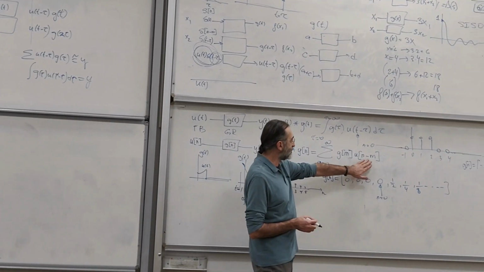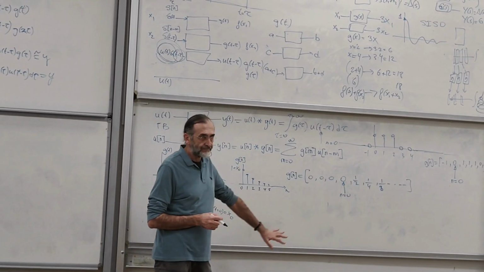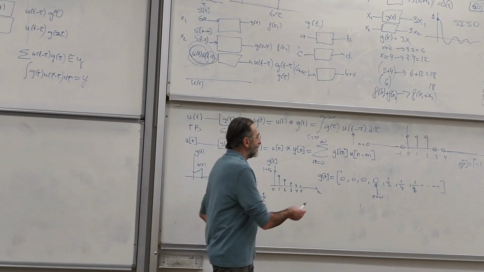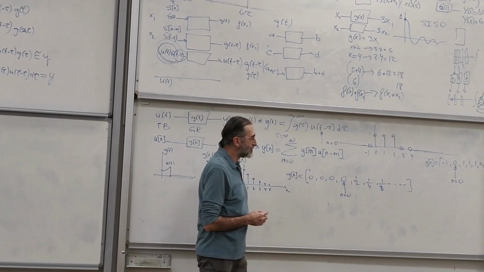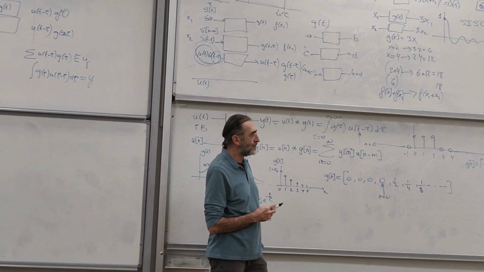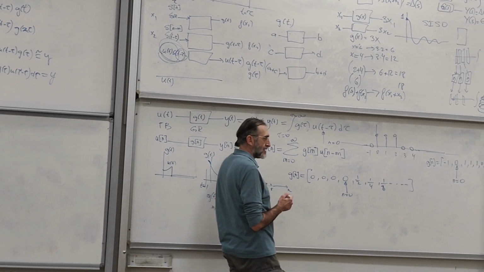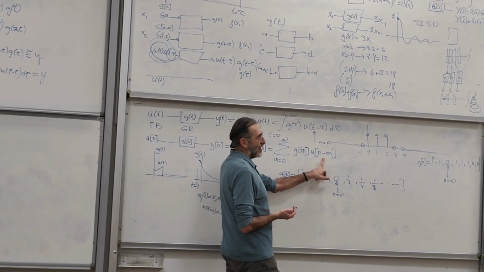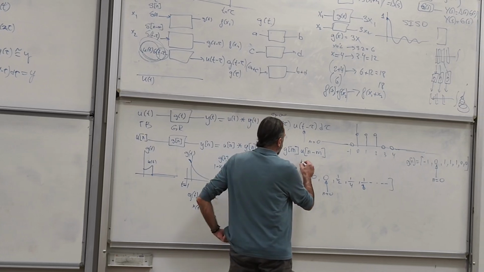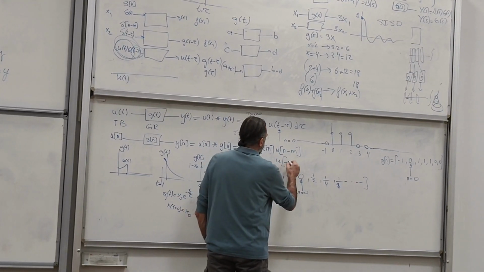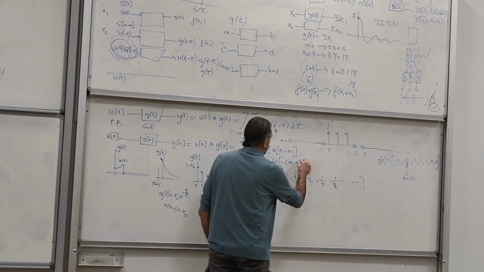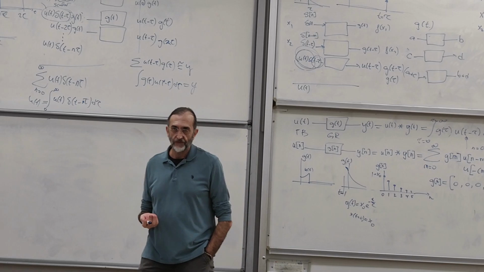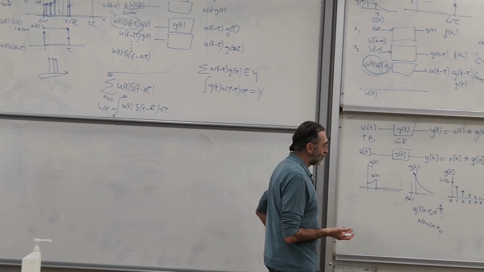Alright, now here we have something interesting. What we have is a time shift operation, as you see. Now, if I consider this in a different way, I would write it like u of minus m minus n. That would be an equivalent expression to this.